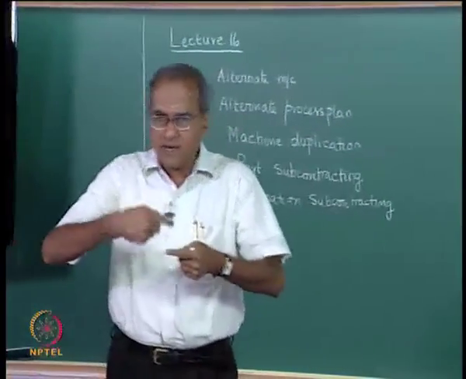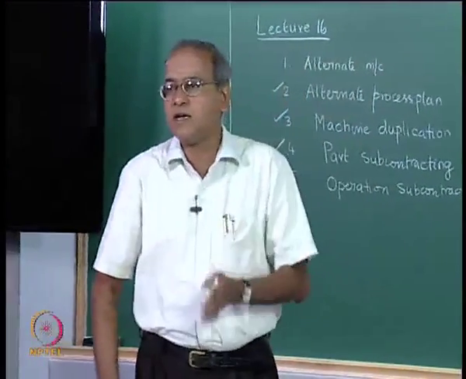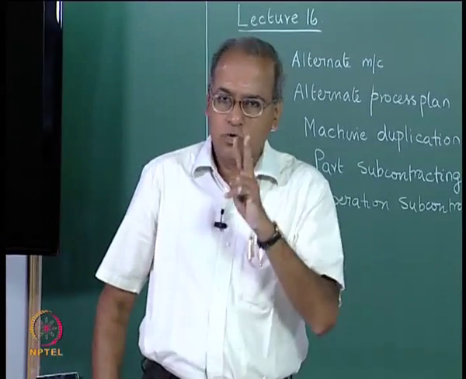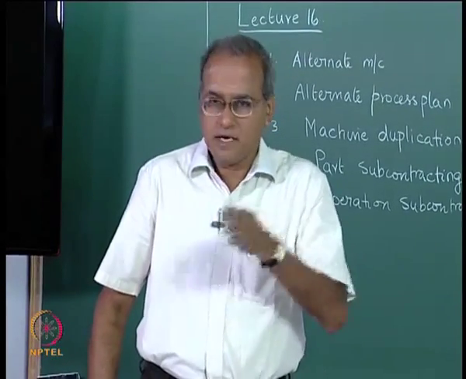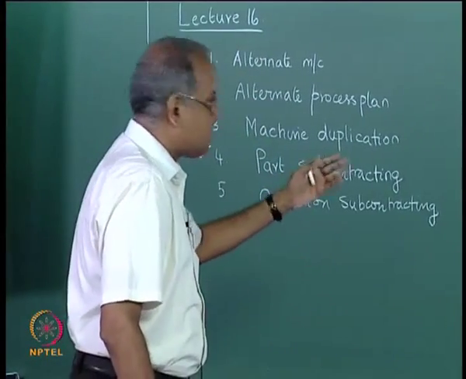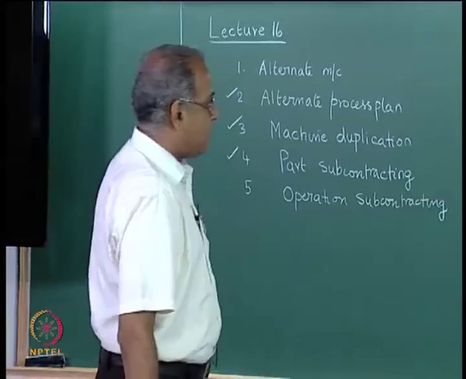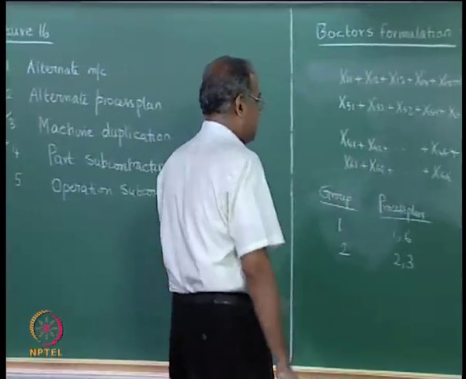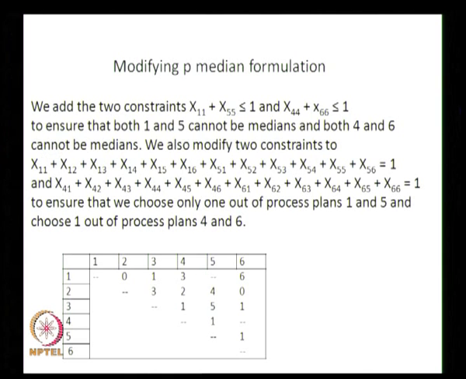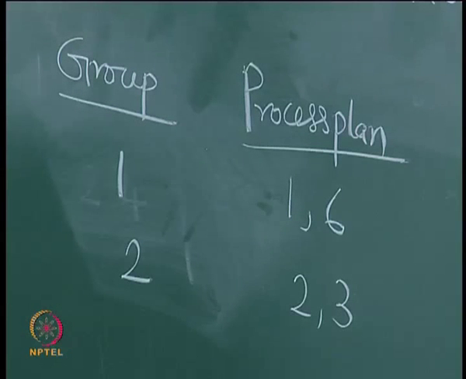So, the reasoning behind this is we have implicitly assumed that there will be a maximum of 2 process plans in a group. Otherwise, we could have looked at some other way. For example, the highest similarity was 6, which gave us process plans 1 and 6 here. Next highest similarity is 5, which is for 3 and 5.